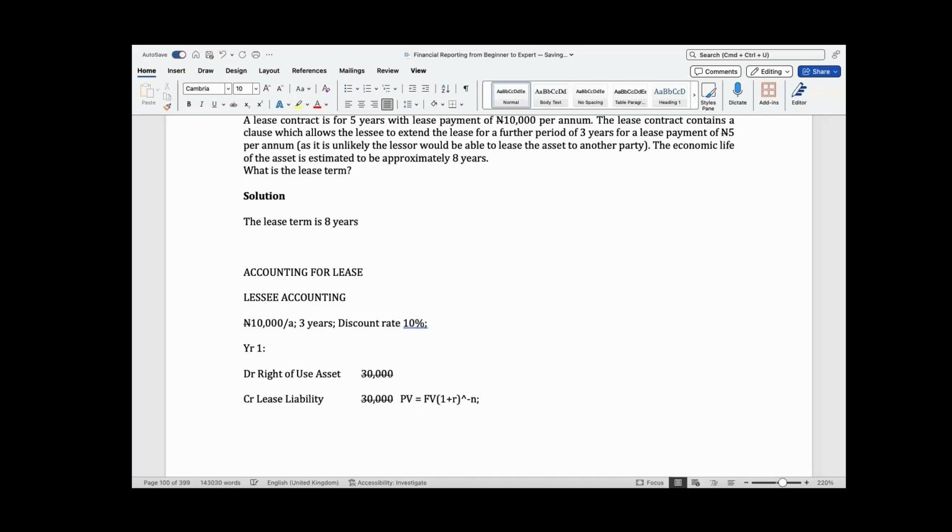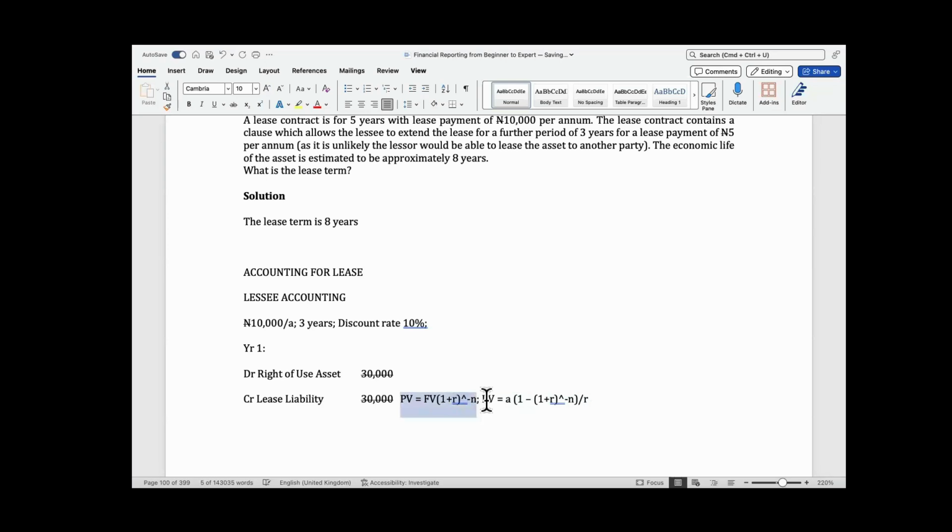What you need is PV equal to annuity times (1 minus (1 plus R) raised to power minus N) divided by R. This is what you have to use, not the other.